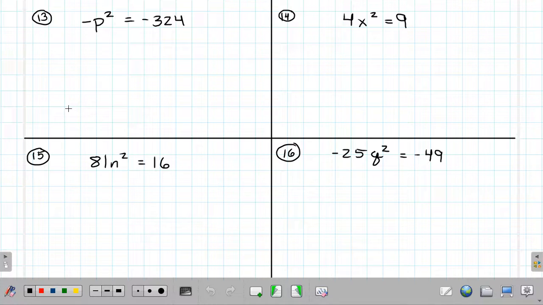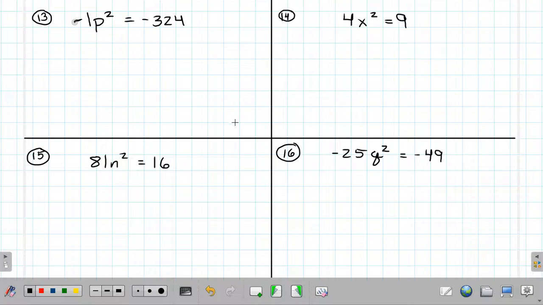Number 13, this one's kind of tricky, but you can use the same little trick we've used on a lot of other equations. We have negative p squared. Technically, since there's not a number in front of p, we can put a 1. So technically, we have -1 p squared.